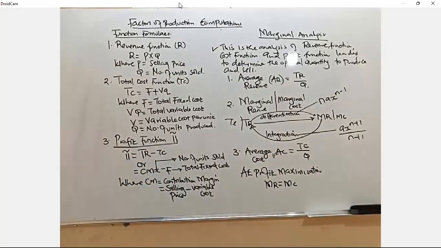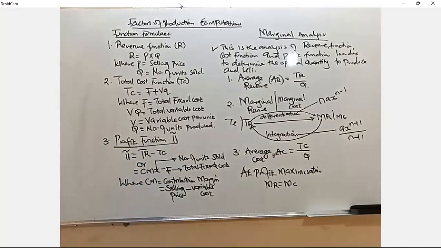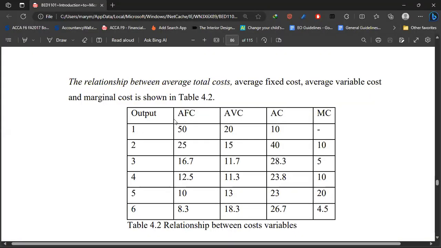Let us look, for example, at the table which I was able to share earlier with you. What does it entail? When you look at this table of ours here, the examiner has already computed it.